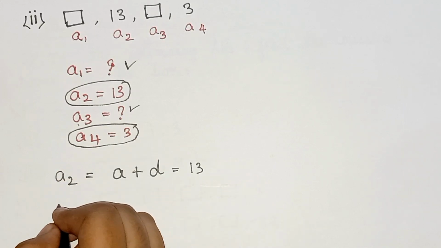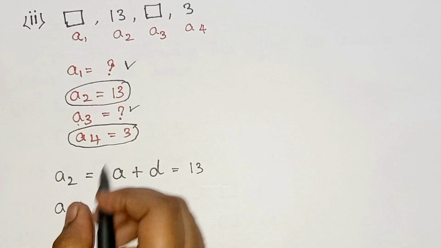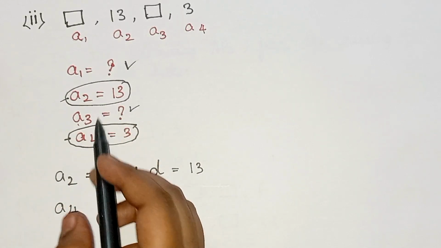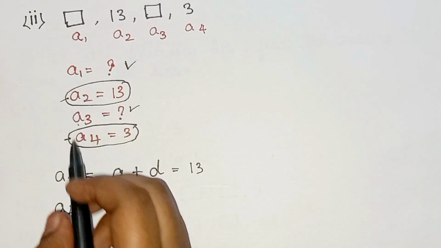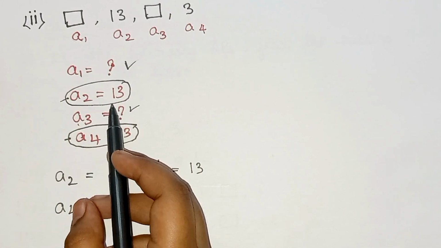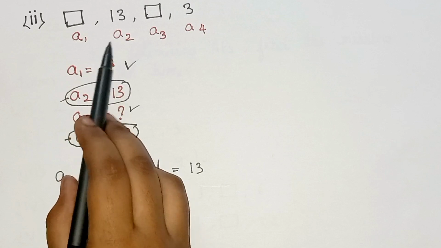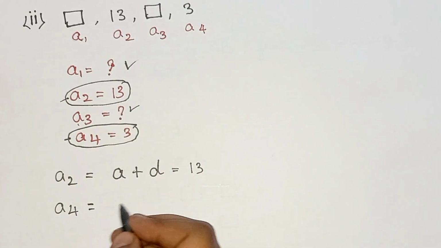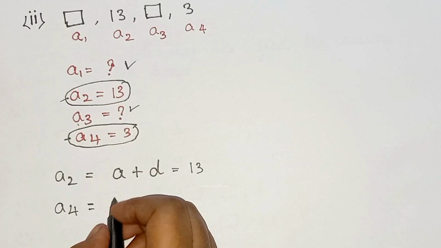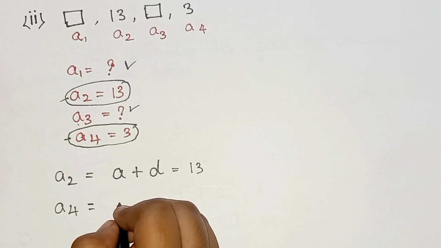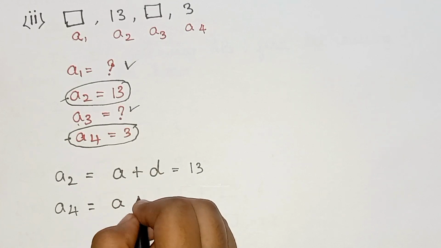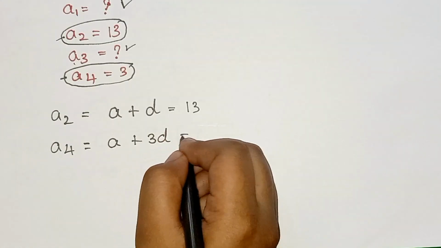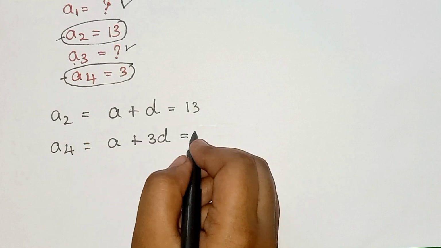And for A4, I am just using these two values, because these are the only clues we have. So A plus the previous number of 4, which is 3D, is equal to 3.